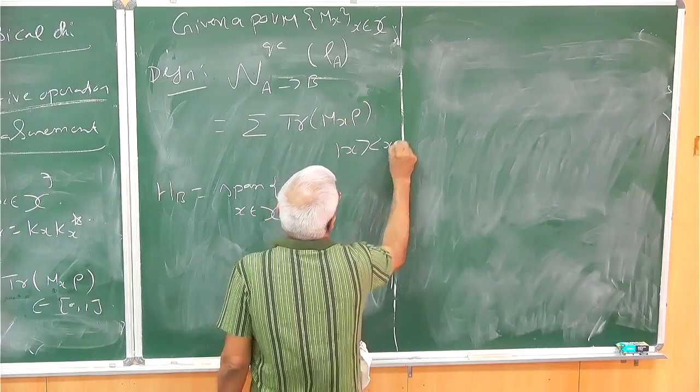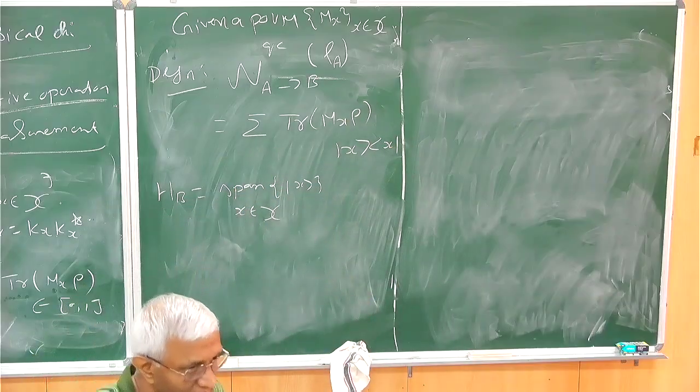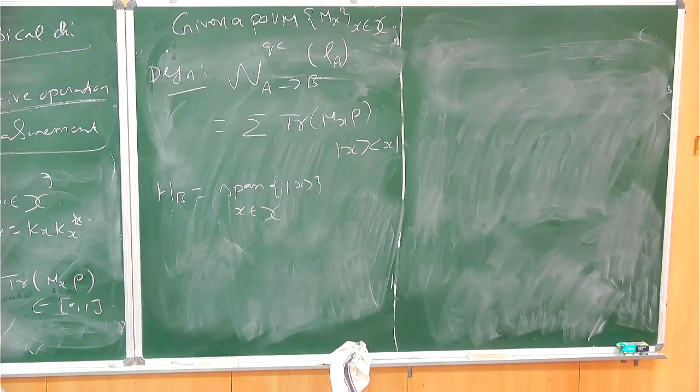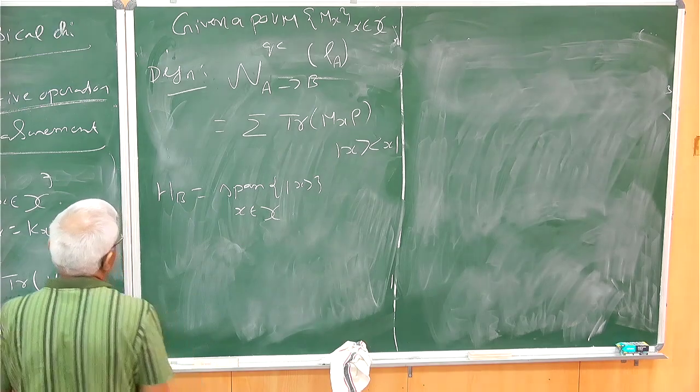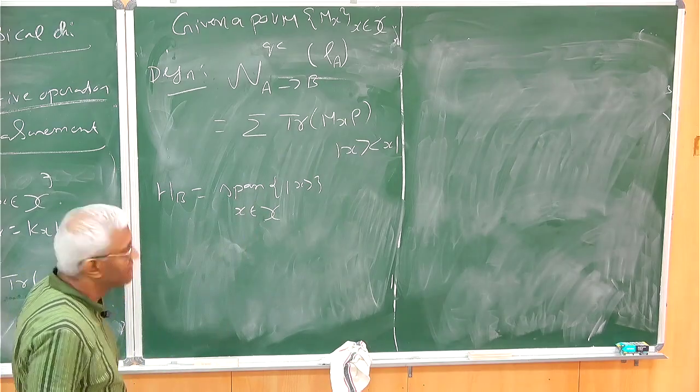That's all. This is classical. You just get a diagonal matrix. There is nothing else. This M_x is in a different space. We get a probability distribution in a different space. This has nothing to do with the commutativity of M_x. So this is what is called a quantum classical channel.